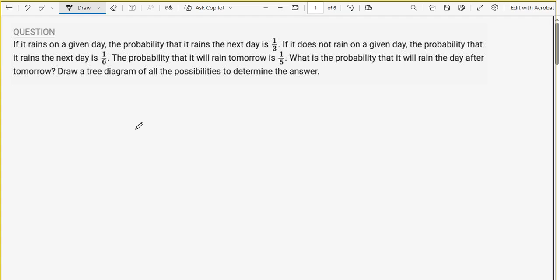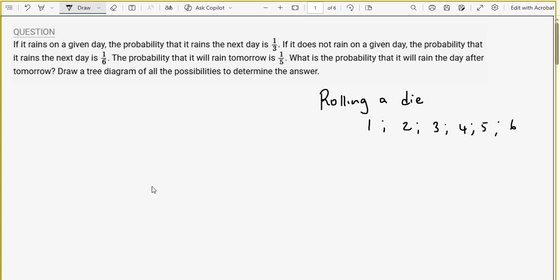When you roll a die, you get 1, 2, 3, 4, 5, or 6. You see all of these numbers, these are your outcomes.